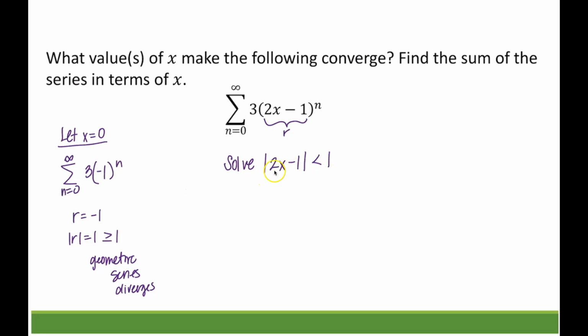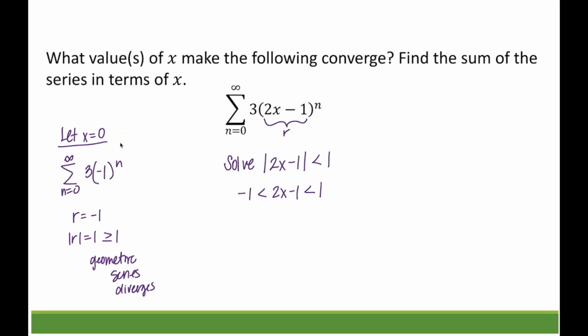Okay, so how do we solve this linear absolute value inequality? Well, we can drop the absolute value bars if we trap 2x minus 1 between -1 and 1. So -1 is less than 2x minus 1 is less than 1. This is a 3-part inequality. We'll add 1 everywhere.